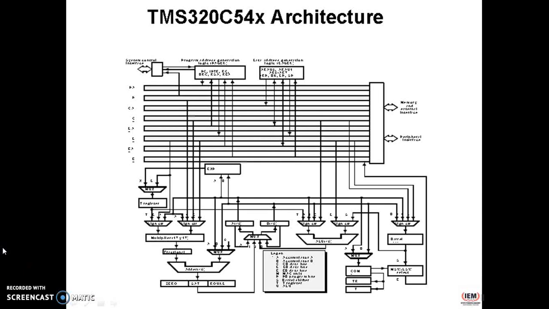Now coming to the internal memory organization, the C54x memory is organized into 3 individually selectable spaces: program, data and IO spaces. All C54x devices contain both random access memory and read-only memory. The C54x also has 26 CPU registers plus peripheral registers that are also mapped in the data space.